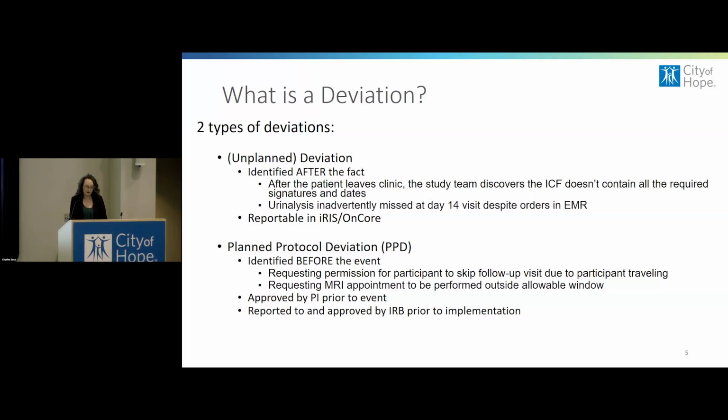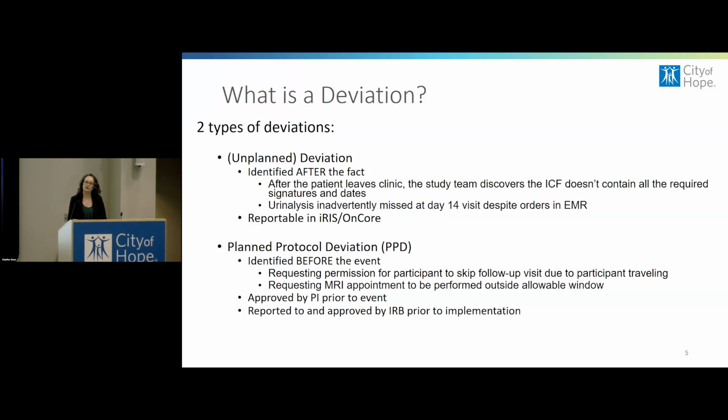The other type of deviation is a planned protocol deviation. So the key word here is that these are identified before, and then we request permission from the IRB. Both events are recorded at City of Hope in Encore, but a PPD, a planned protocol deviation, goes specifically to the IRB, and it also requires prior PI approval.